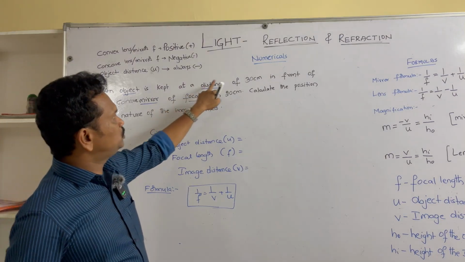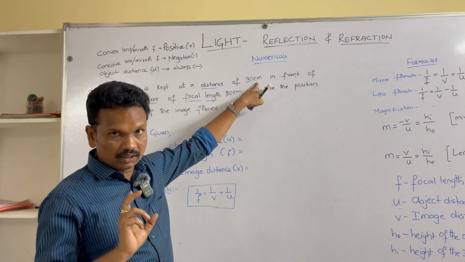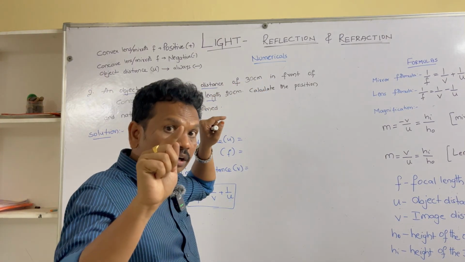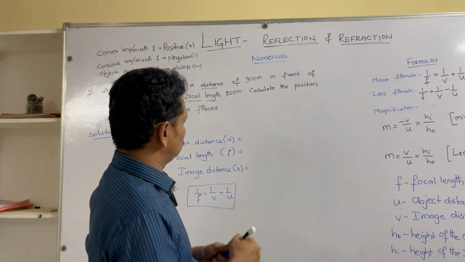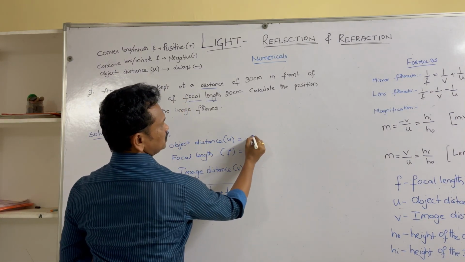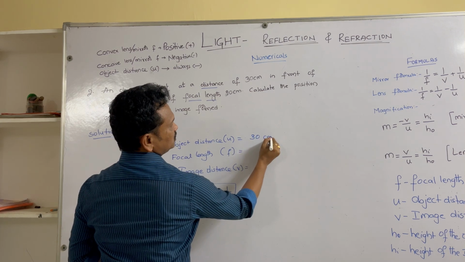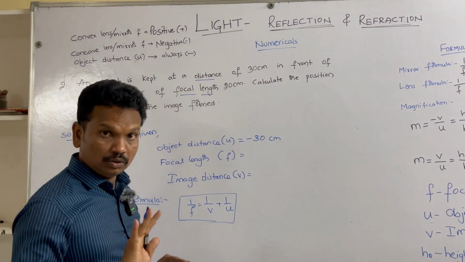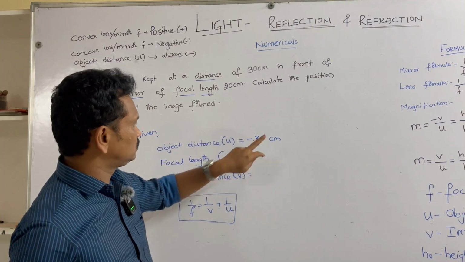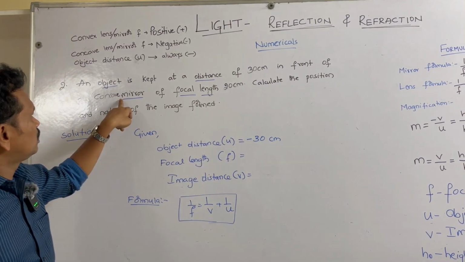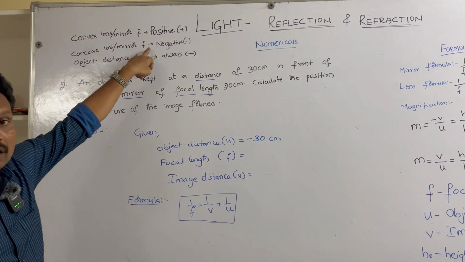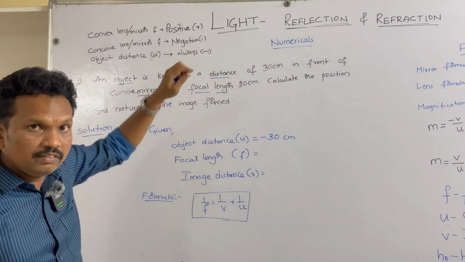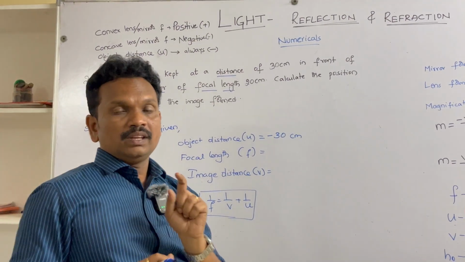Now, object distance 30 centimeters. Object distance always minus. See, object distance 30 centimeters, minus 30 centimeters. Don't forget. Minus the focal length. Concave mirror focal length always negative.